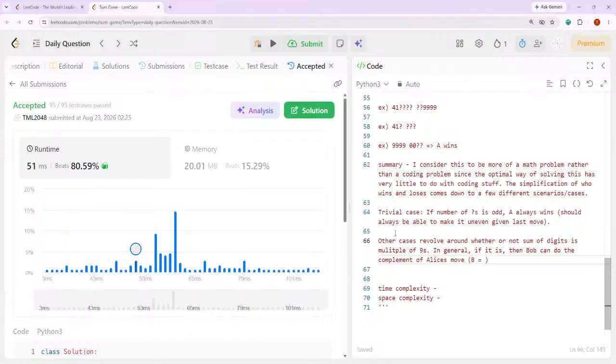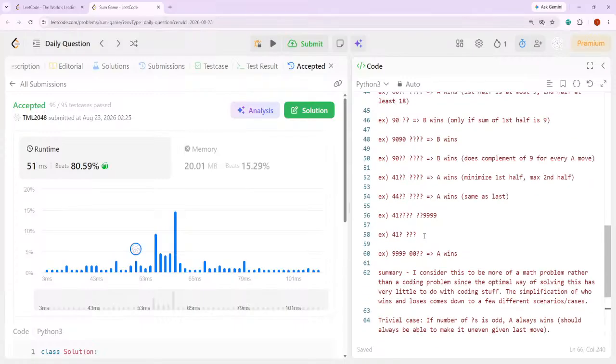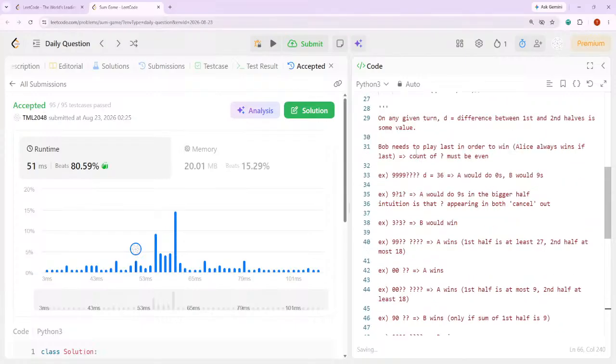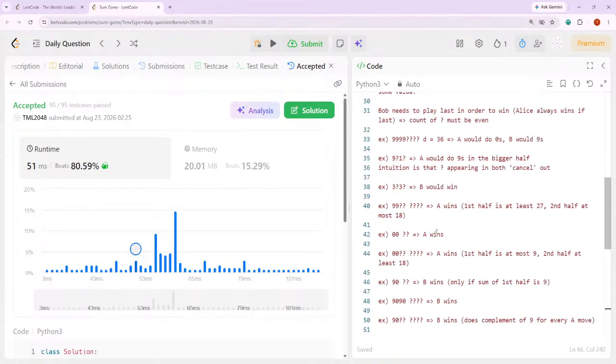Bob does 9 minus Alice, basically, in order to keep the balance and win at the end. If this cannot be done, Alice wins. So that's the main logic, and I did a bunch of test cases to figure that out.